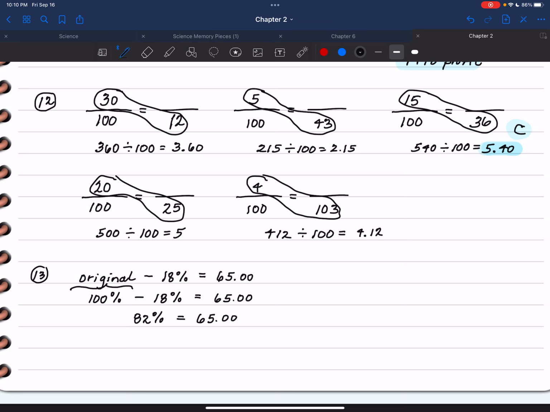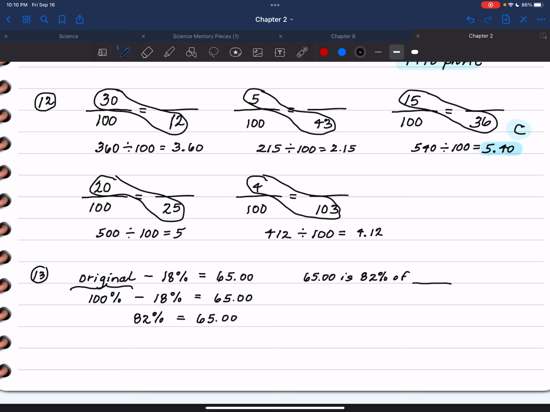So what I need to know is this. Let me rephrase it in terms of the sentences that you're used to. $65 is 82% of what amount?